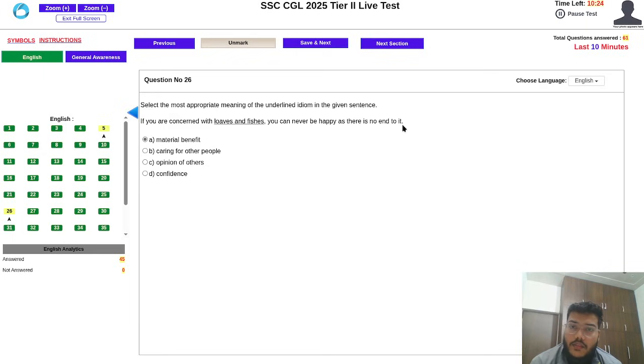If you are concerned with loaves and fishes, material benefit, opinion of others. If you are concerned with opinion of others, you can never be happy, as there is no end to it, as there is no end to what.